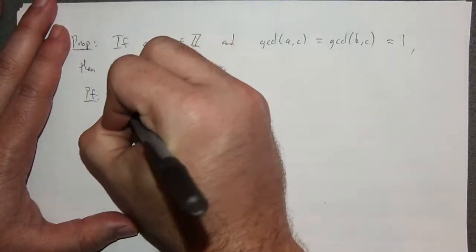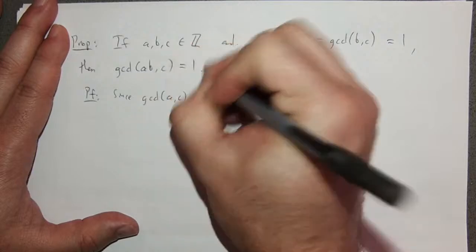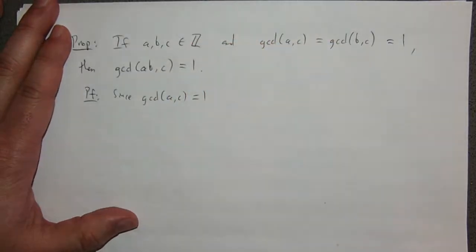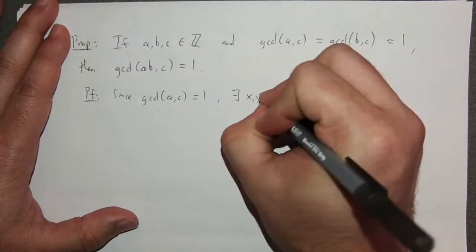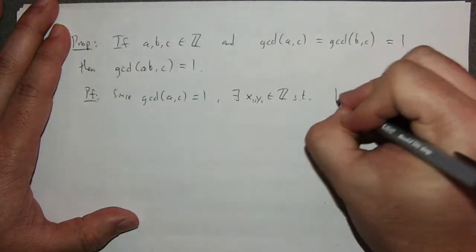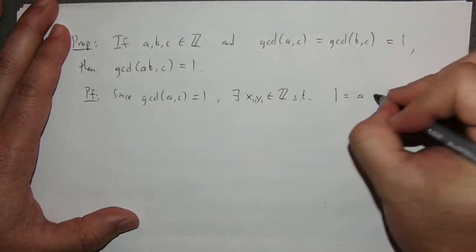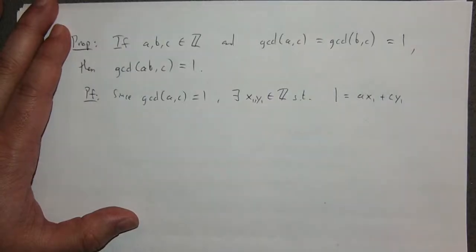So since the GCD of, say, A and C is 1, there exist integers x sub 1 and y sub 1 such that 1 is equal to A times x sub 1 plus C times y sub 1.